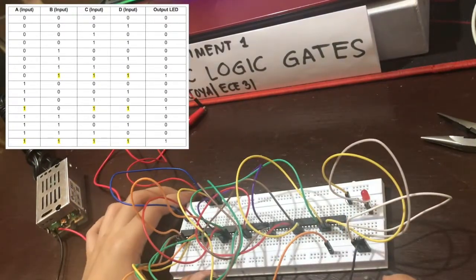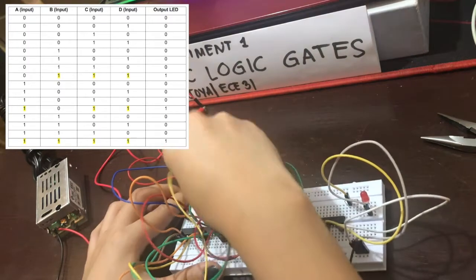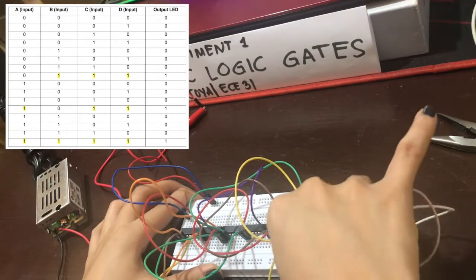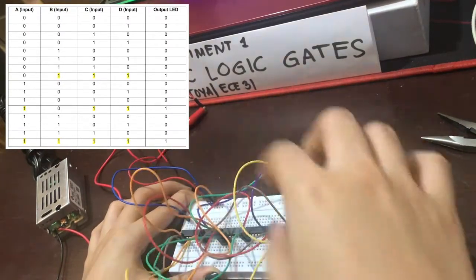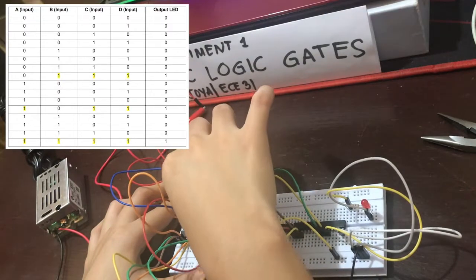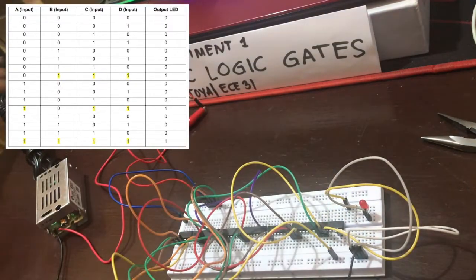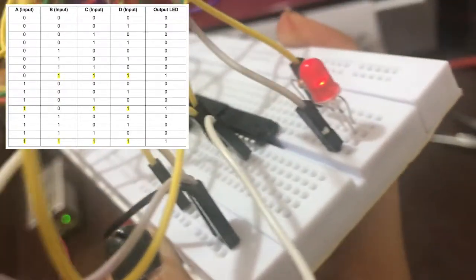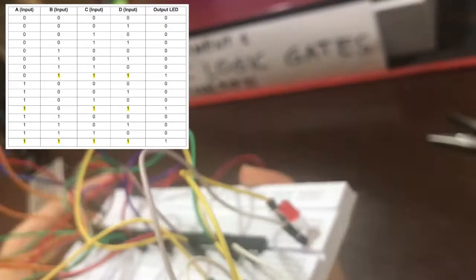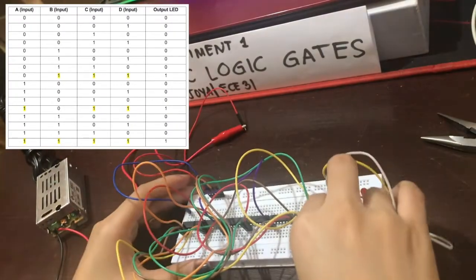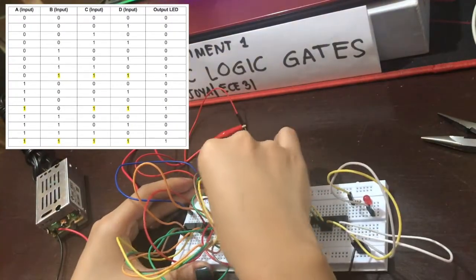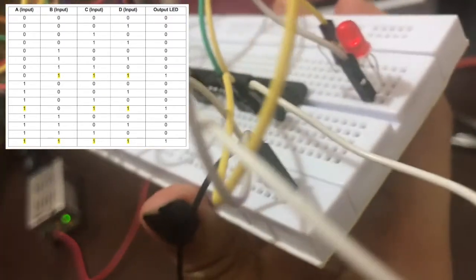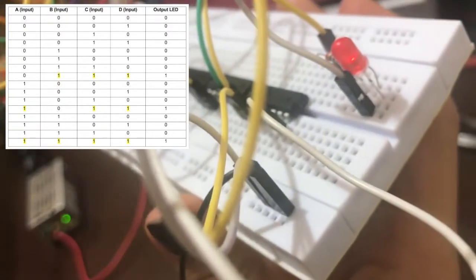Logic 1 for A, C, and D has logic 1 output, and also all A, B, C, D have logic 1, logic 1 output.